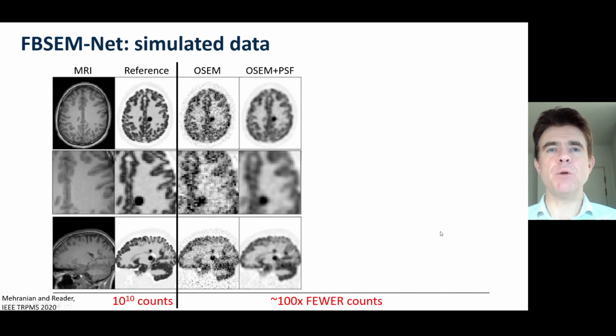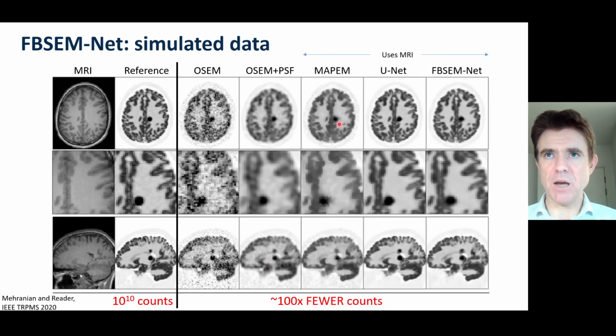Okay, so let's see how it does. This is with 3D simulated data. We've got MR reference here, as well as a high quality PET reference. This is simulated data. For 10 to the 10 counts, this is the reconstruction, so that's a huge number of counts. And then with 100 times fewer counts, so 10 to the 8, we have the OSEM reconstruction, and then the OSEM reconstruction with PSF modeling included.